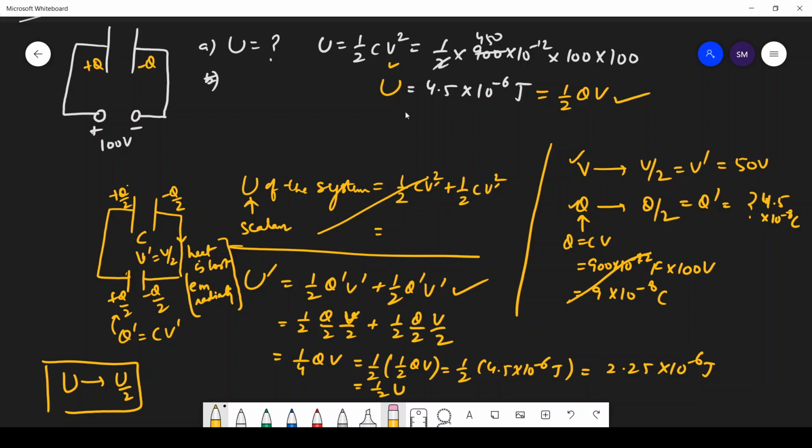Directly use this: calculate U, you know CV, calculated the potential energy, and we know that energy is also equal to half QV, and here V becomes half and Q becomes half. So obviously using this value directly, that's the answer.